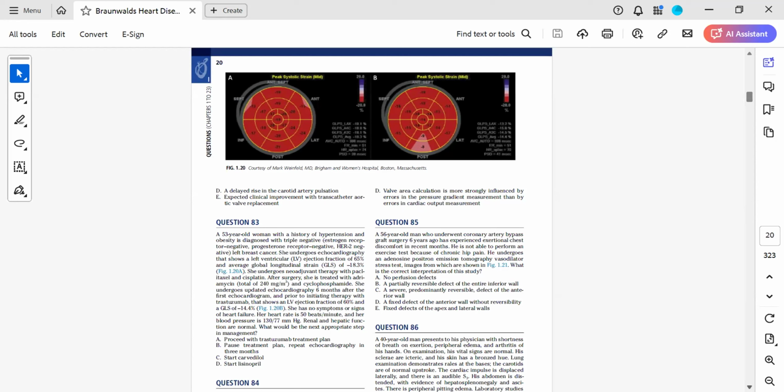We also note that, as said in the body of the question, the average GLS has dropped to minus 14.4%. To define chemotherapy-related cardiotoxicity, it is said to have occurred when there's a decrease in left ventricular ejection fraction on echo of greater than 10%.